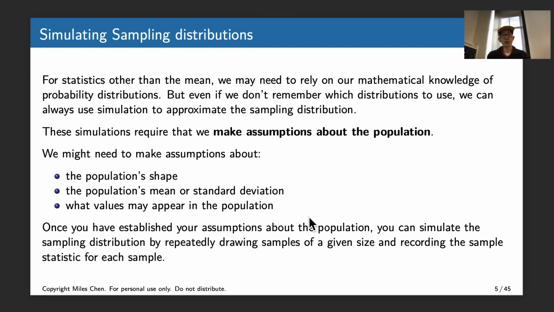So what we can do is we can simulate sampling distributions. If you don't remember the mathematical rules, we can just use our computer's ability to simulate random values and approximate a sampling distribution, okay? All of these simulations require us to make assumptions about the population, but all of statistics requires us to make assumptions about the population.